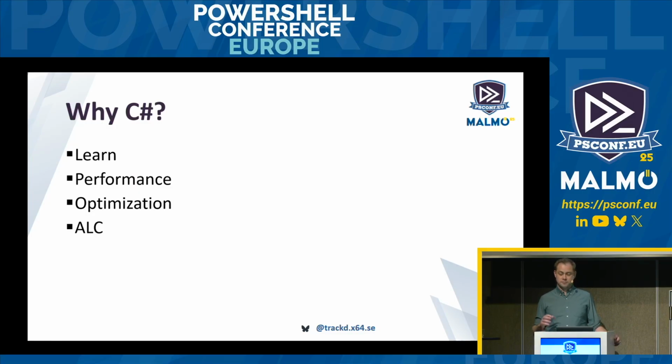And also, compiled code is, I wouldn't say always faster, but most of the time doing something in C# will be a lot faster usually. Compiled code has a lot of optimizations that we can't do in PowerShell. PowerShell is a very dynamic language, so it allows a lot of things, and that usually costs something in the end, some performance.